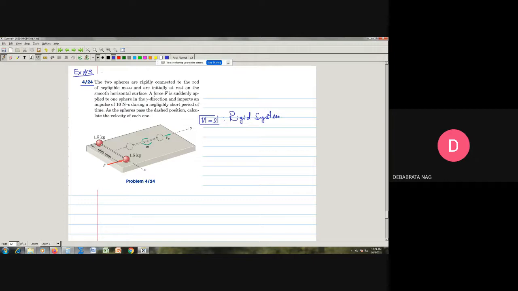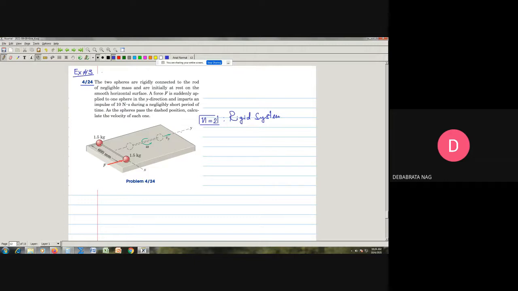Now, we see that this force F is suddenly applied onto one sphere in the y direction. This is the y axis and this is the x axis that has already been created for us.